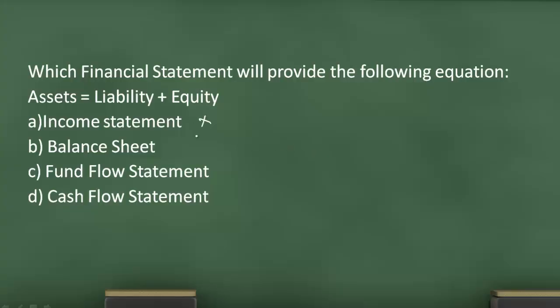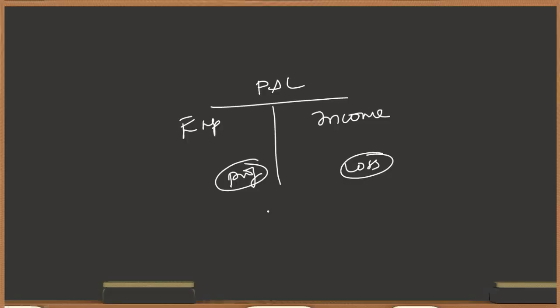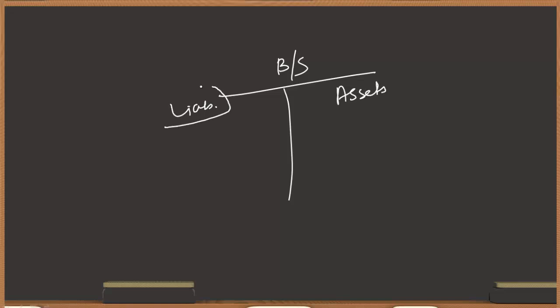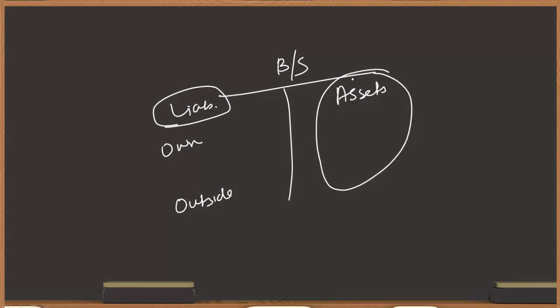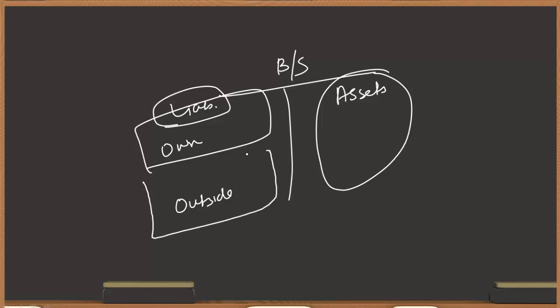What about balance sheet? Yeah, balance sheet would give your assets, your liability. When we say liability, the owner's liability plus outside liability. So the balance sheet would give what is asset and how it is funded, that is through owner's funds and through outside funds.